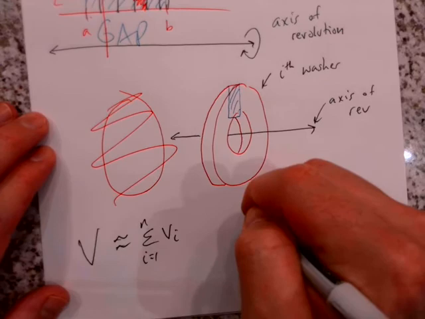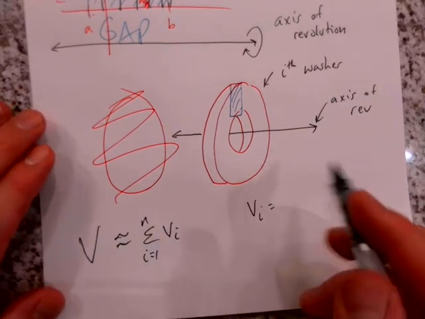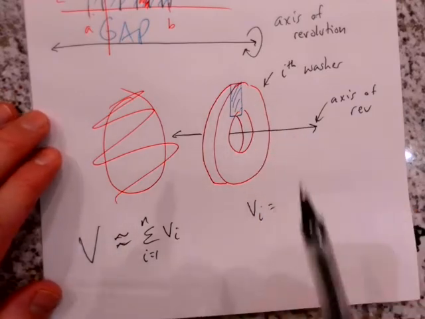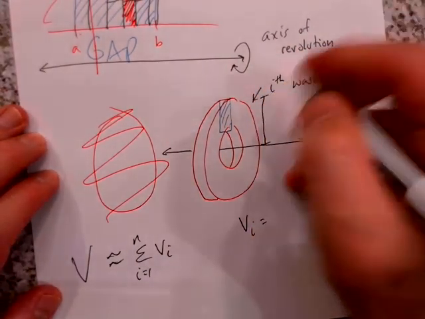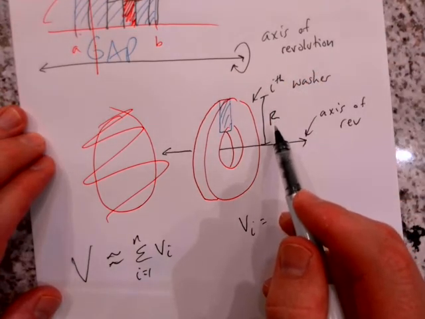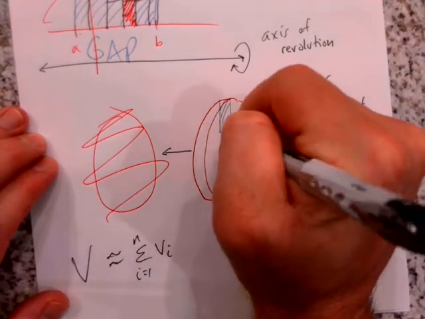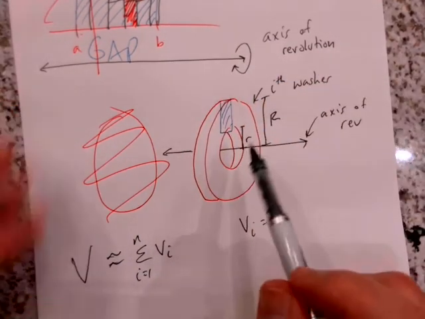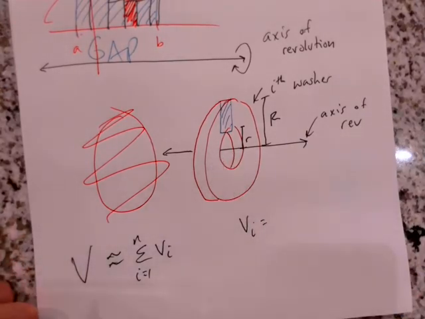So this ith washer is a cylinder with a cylinder cutout. We'll call the big radius R. Big R is the radius of the outside cylinder, and then small r is the radius of the cylinder that's been cut out of there. That is the gap.